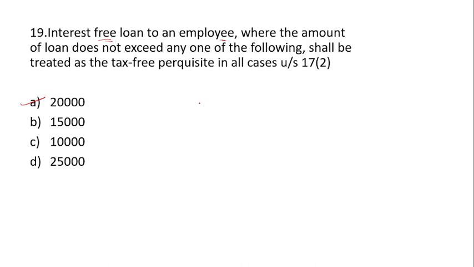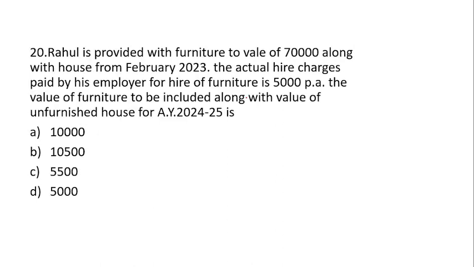If the employee takes a loan of 20,000 as the principal amount, he will get an interest free loan. He is not liable to pay any interest. So the amount is 20,000.